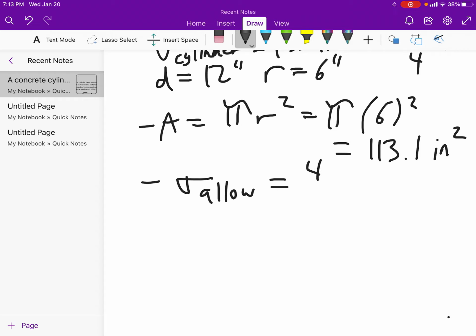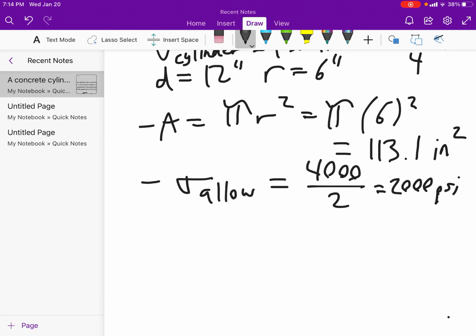So that's going to be 4 ksi, which is 4,000 psi, divided by 2 equals 2,000 psi. So that's essentially the maximum allowable stress that we're allowed to work with.